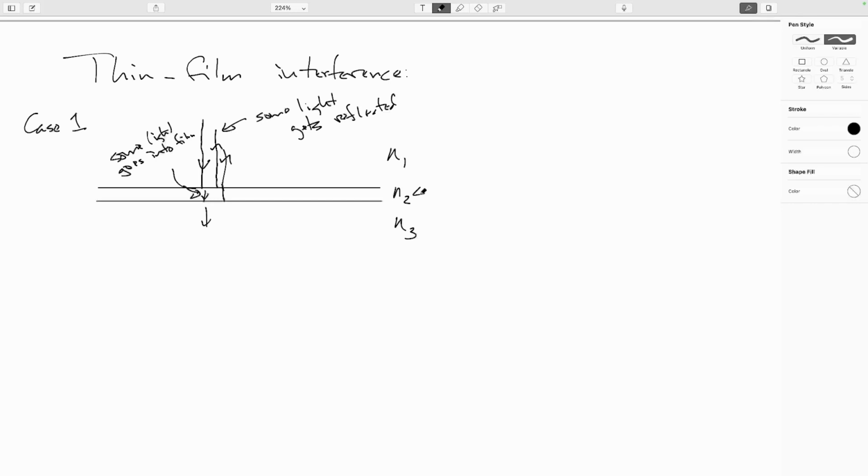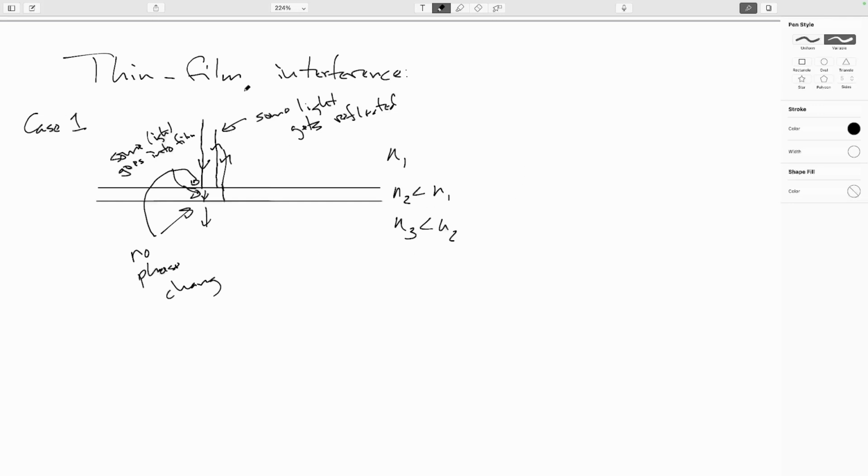We could have that each index we reflect off of is progressively lower. Now, if we do that, there will be no phase change at either surface. Let's try that again. There. No phase change there. Here or here.